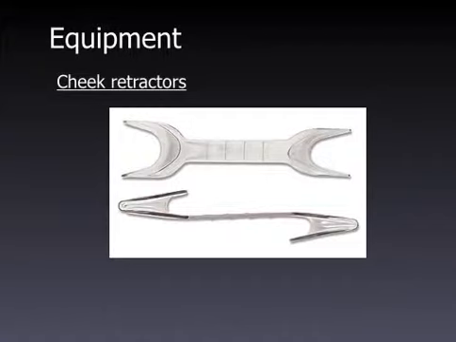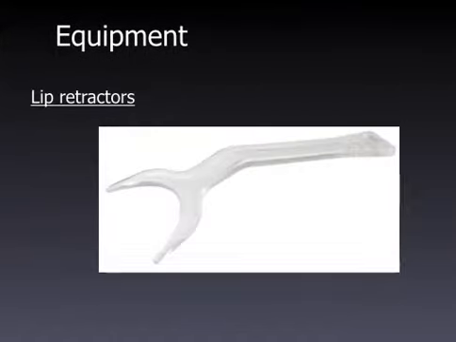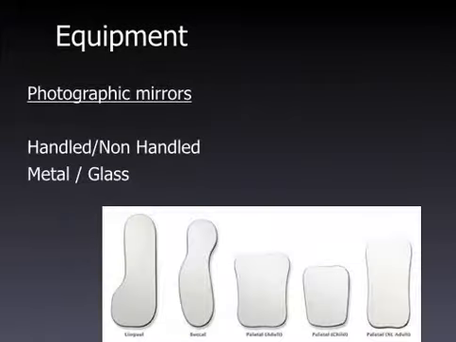Retractors are needed. So for cheek retractors, I like a slightly elongated C shape. And to hold the lips for my occlusal images, a horseshoe. Mirrors are important. Some people like to use them for buccal shots.